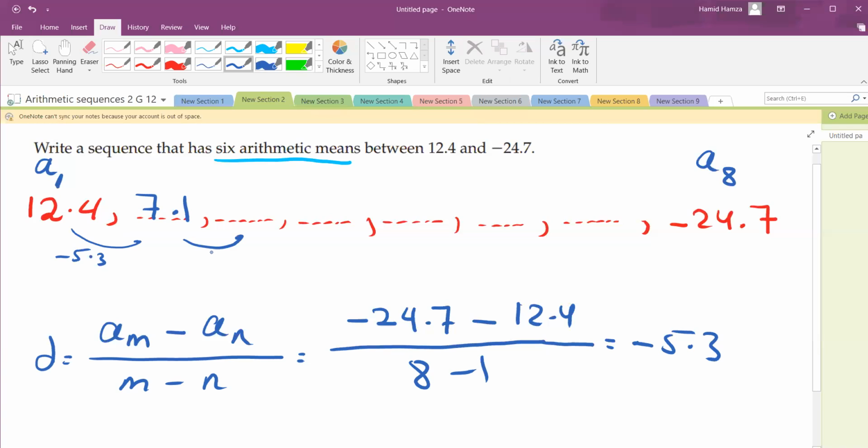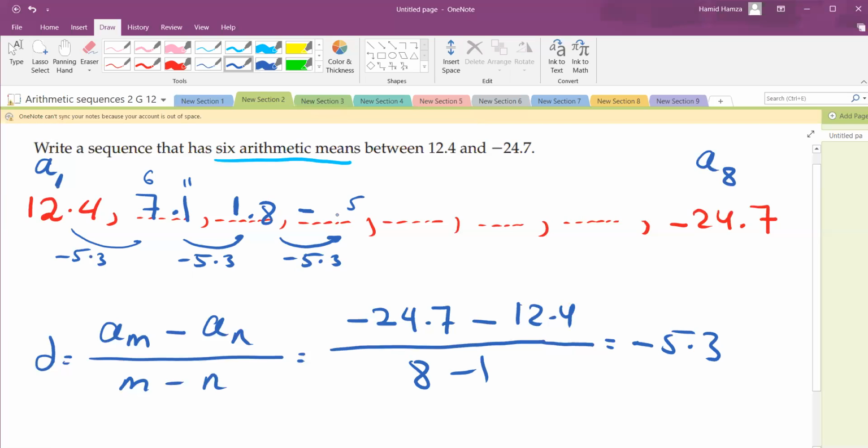And I'll keep going like this, adding negative 5.3, so this will be 1.8. Then again negative 5.3, and the answer from this point will be negative.